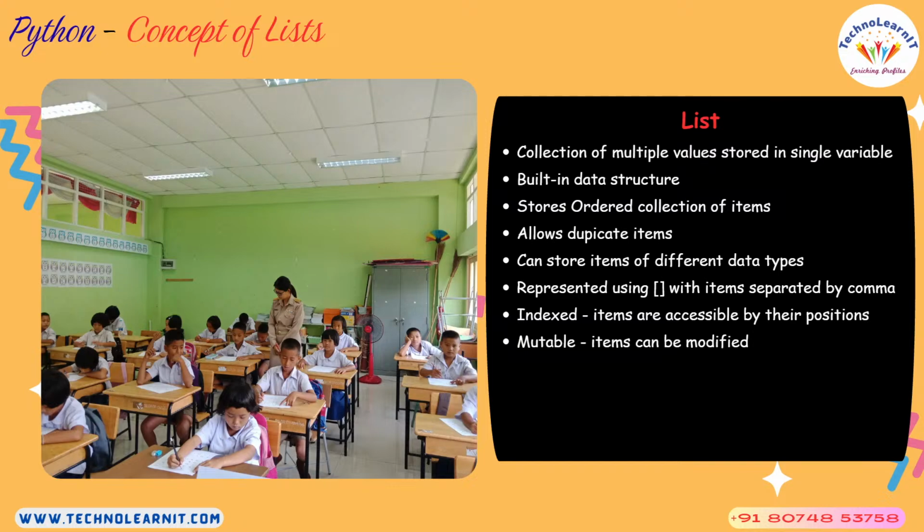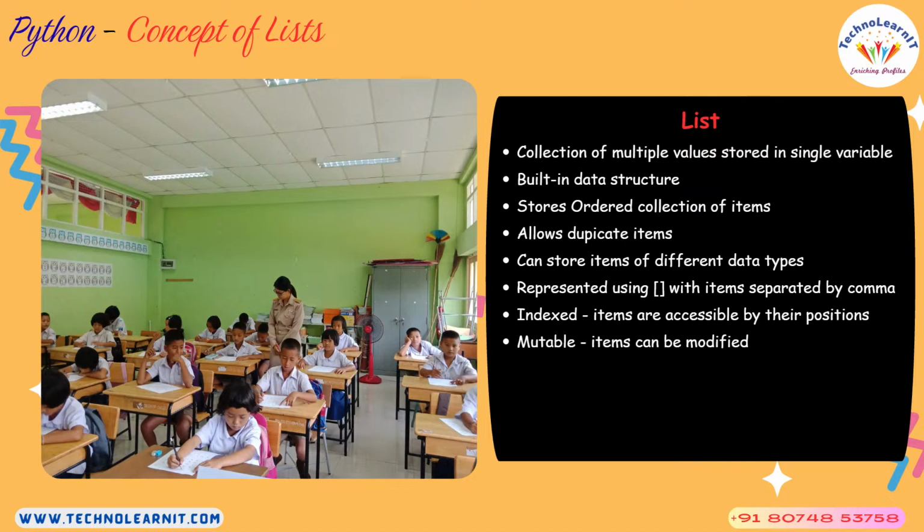That means you can store the same element again and again in a list if required, without any technical problem. You can also store items of different data types in a single list. If you want to store one integer, 10 floats, 15 boolean values and 10 string values, a list is an option for you.